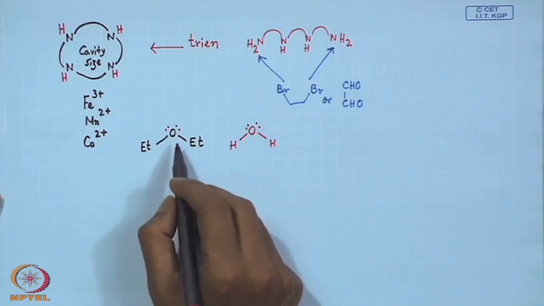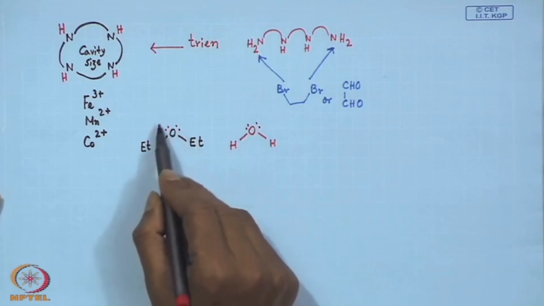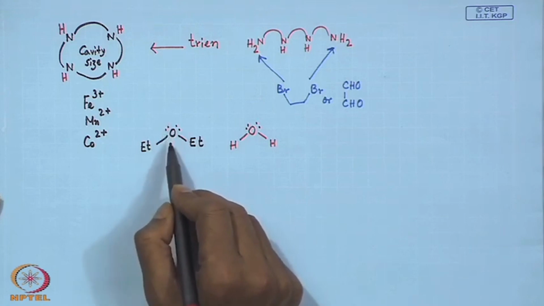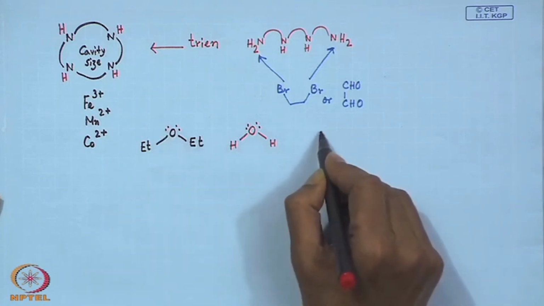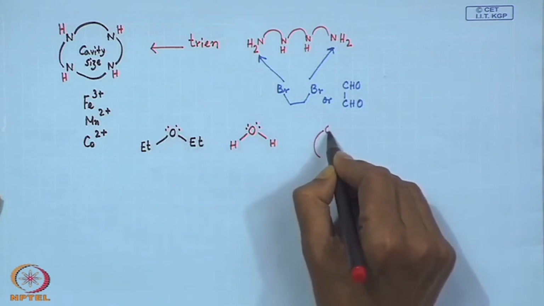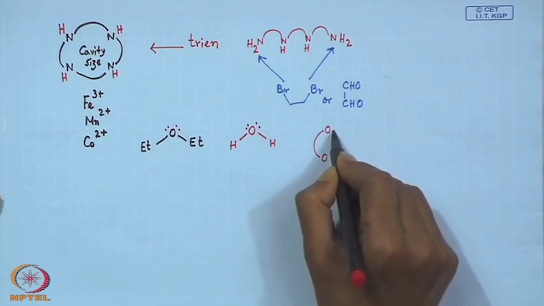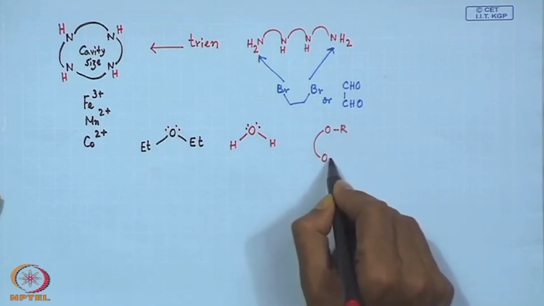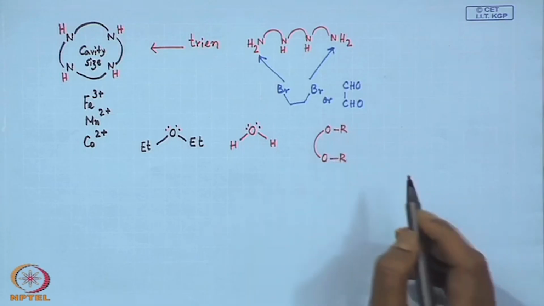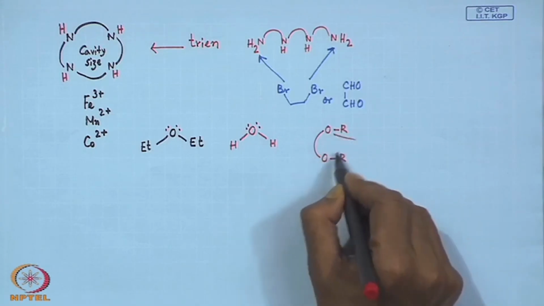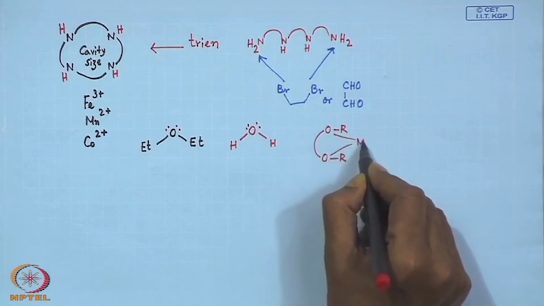So, when one ether is available, we get a corresponding coordination to one particular metal center, but if we can have more than one such ether group, such as this one, this can also go and bind to the typical metal ion.